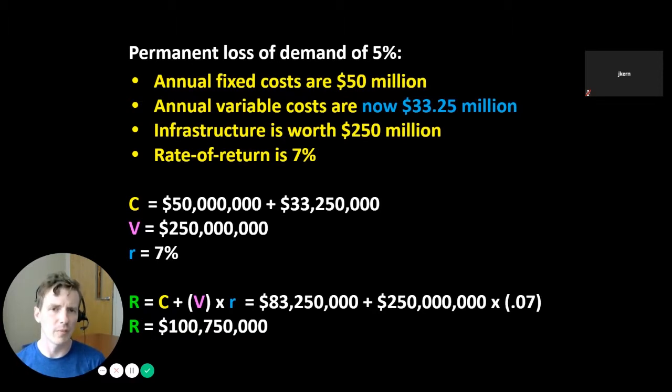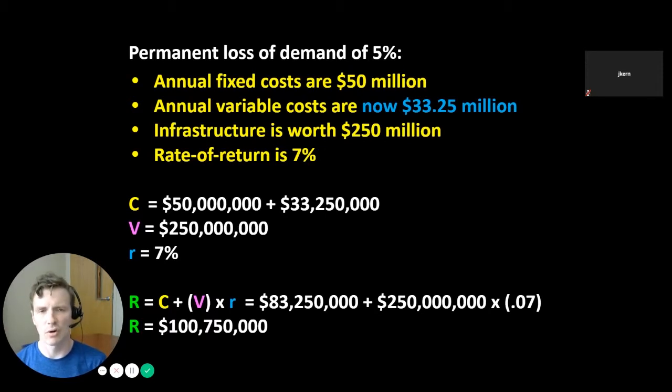Now, annual variable costs would change, right? So let's say that if they lose 5% demand, their variable costs also decrease by 5%. So we could say that the variable costs decrease from 35 million to 33.25 million, right? So total costs, C, is a little different now.